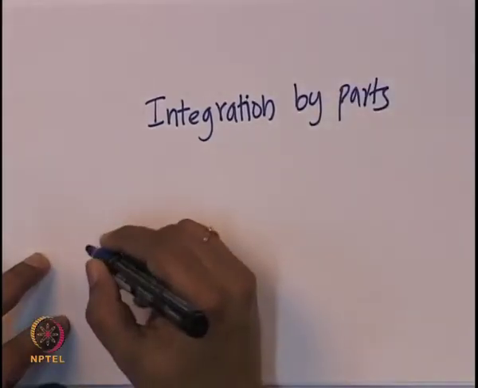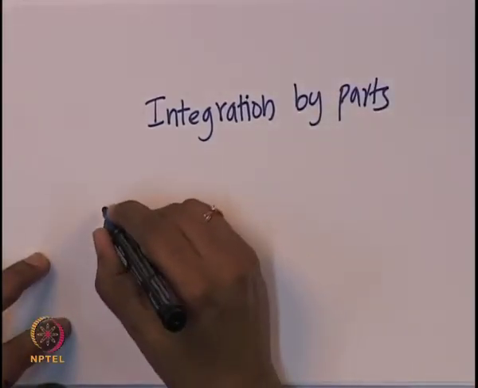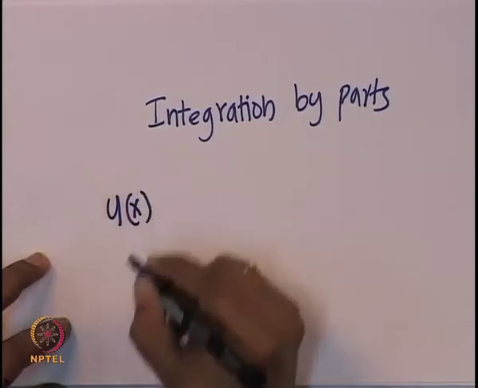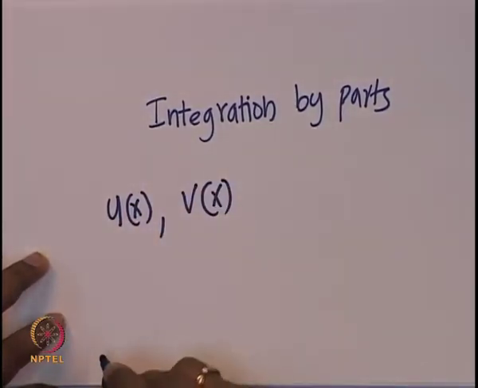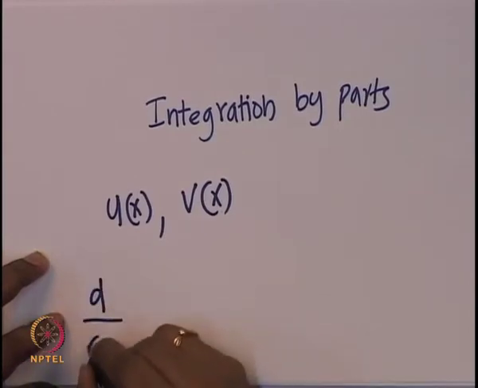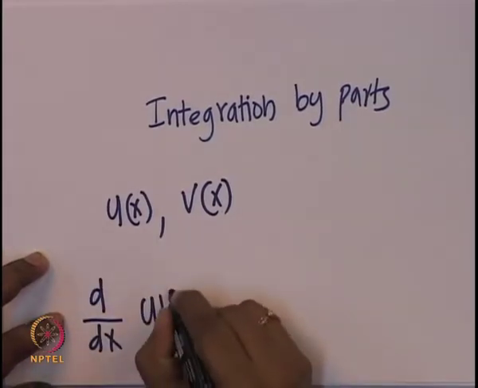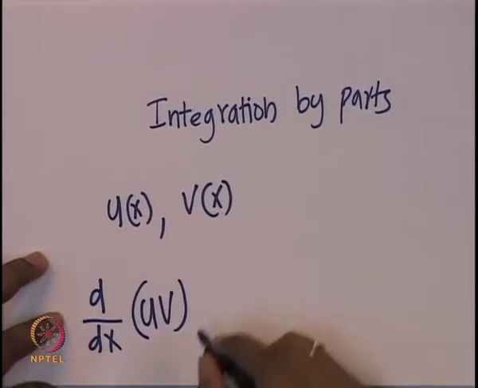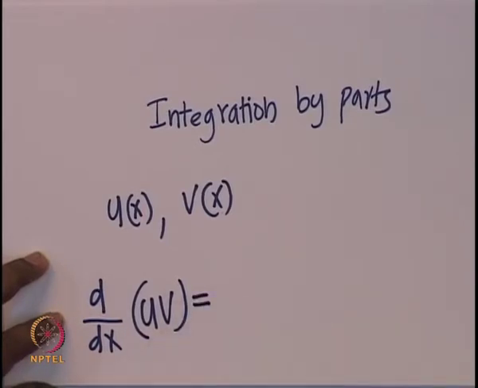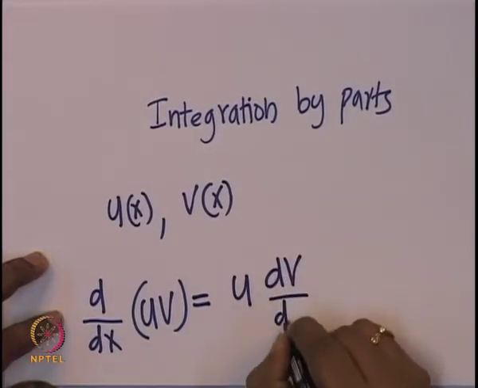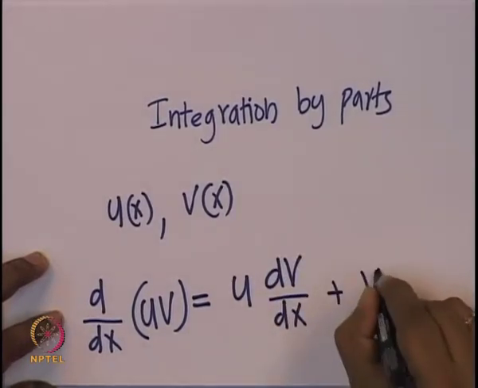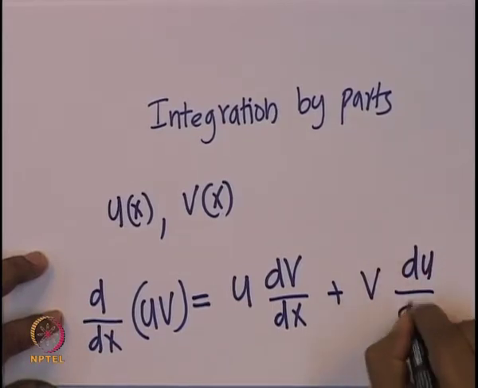We learned that if you have a function, let us say u of x and another function v of x, we can write the derivative of the product u v as u dv by dx plus v du by dx.